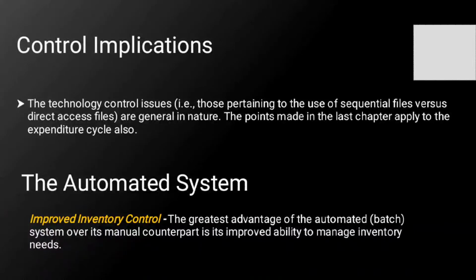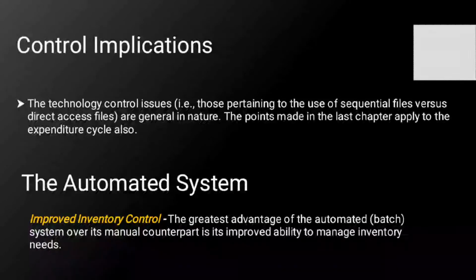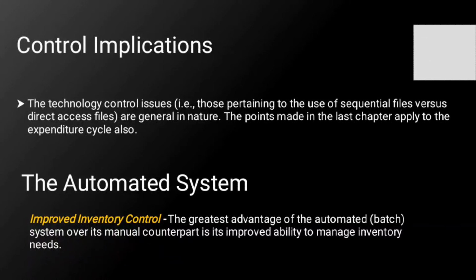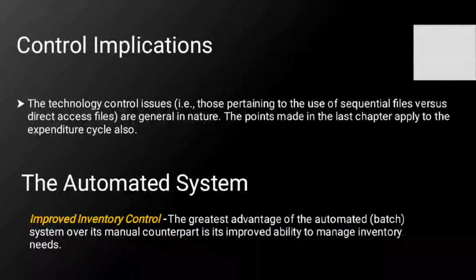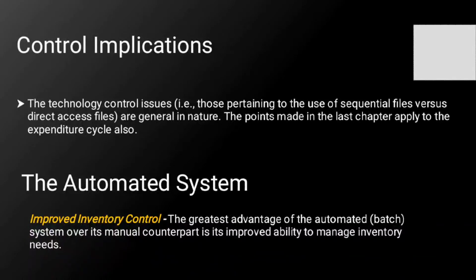The greatest advantage of the automated batch system over its manual counterpart is its improved ability to manage inventory needs. Inventory requirements are detected and automatically processed. As a result, the risk of being inundated with too much inventory or running out of stock is reduced, because the automated system detects inventory requirements right away.